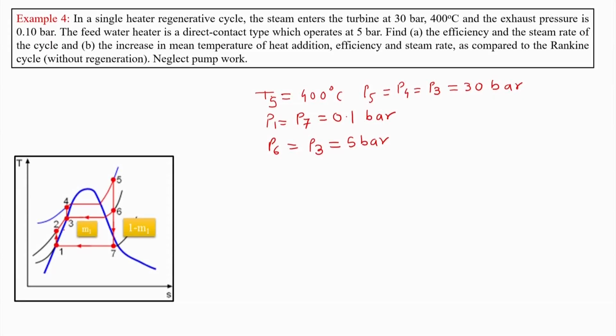Since it is direct, we know that point 3 will be a saturation point, and then we know that m1 mass which is bled from the turbine is losing its enthalpy from H6 to H3, and that is giving rise to the enthalpy for 1 minus m1 steam which is pumped to pressure, rising its enthalpy from H3 to H2. So these things are given to us. Now let us work with this example and find out whatever it is asked.